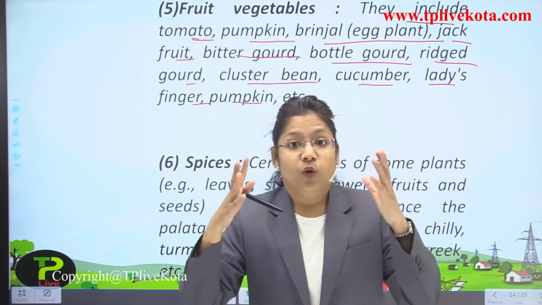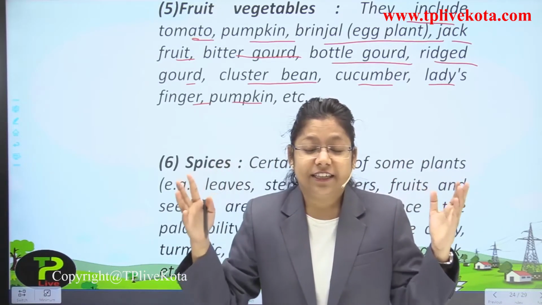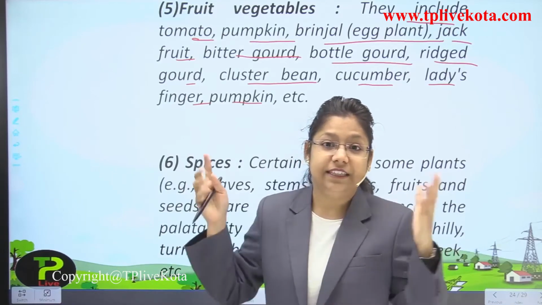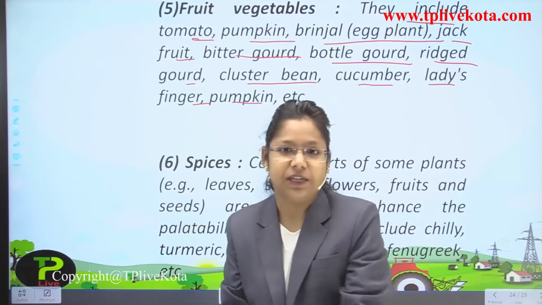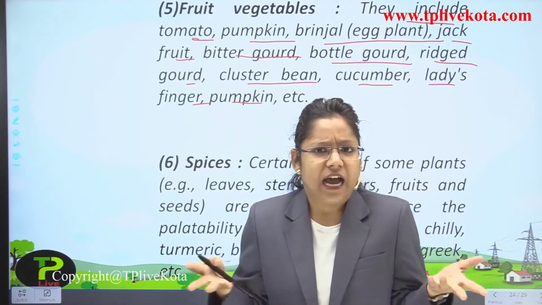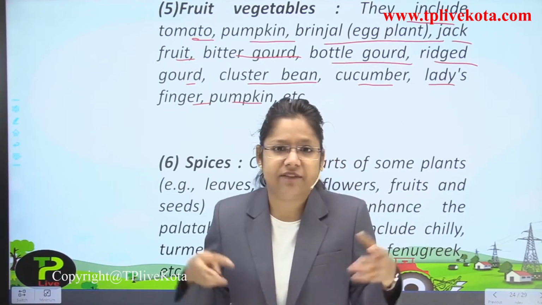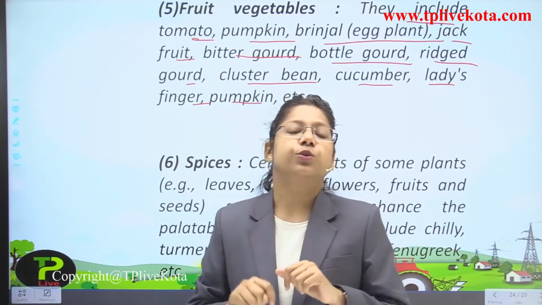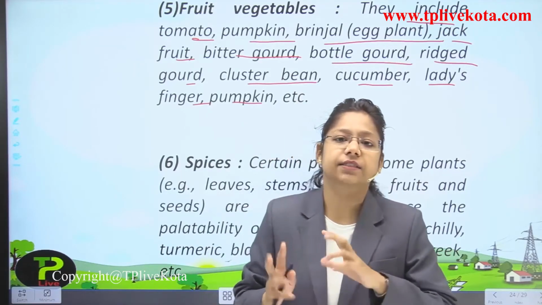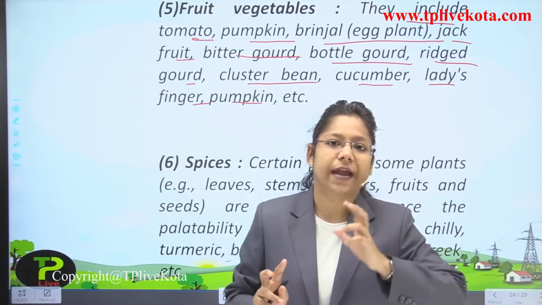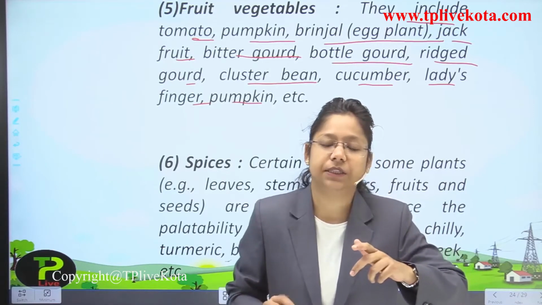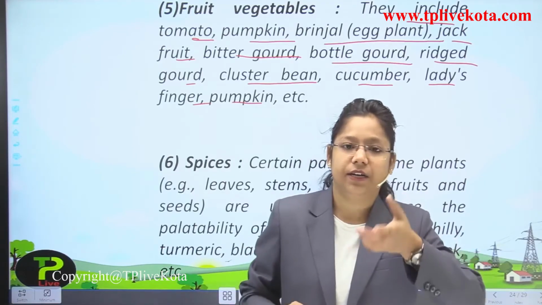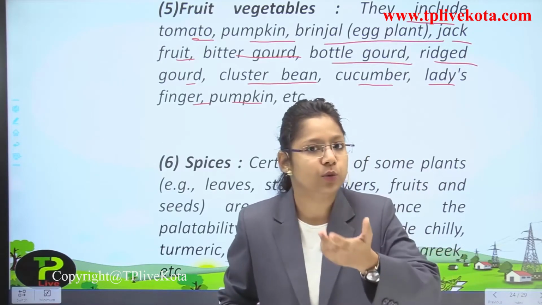So it is of great significance. Have you read about how these are all fruits but are used as vegetables in our daily life routine? Now the question arises, ma'am, can we eat them raw? No, students, because they require some temperature to get converted into cooked food, because some enzymes present in them get activated when a proper temperature is supplied to them.